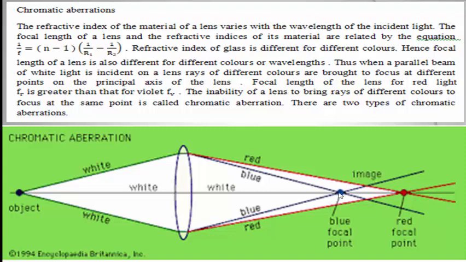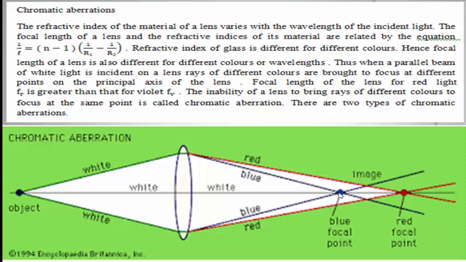This is the lens maker's formula, in which f is the focal length of the lens, n is the refractive index of the lens, and r1 and r2 are the radii of curvature of the two surfaces of the lens.